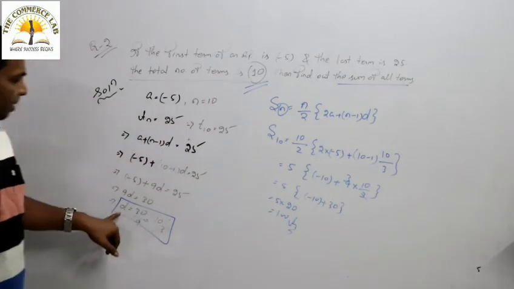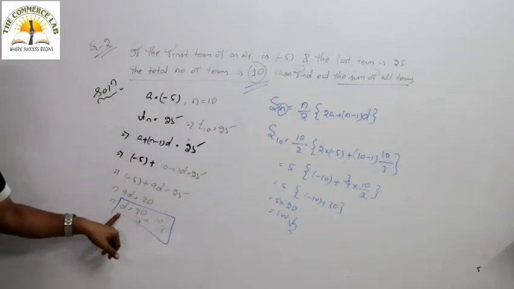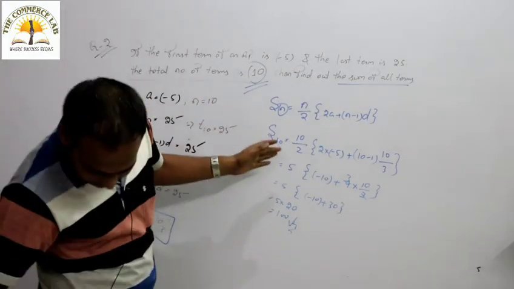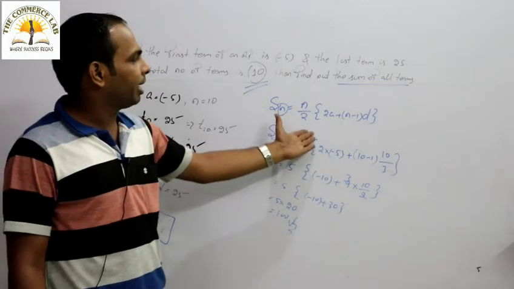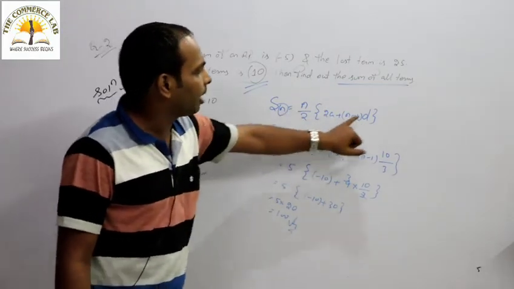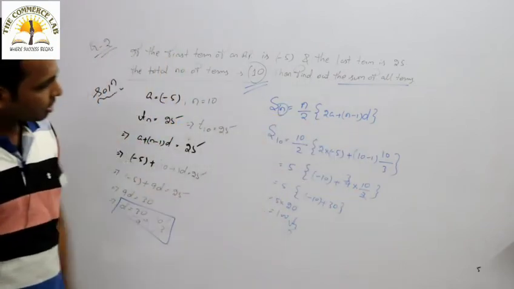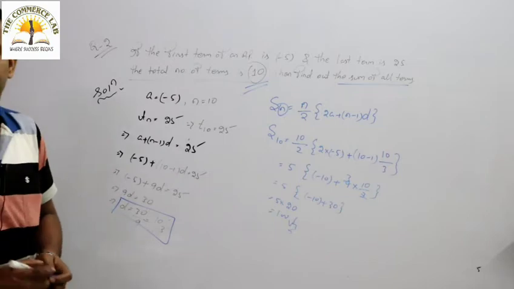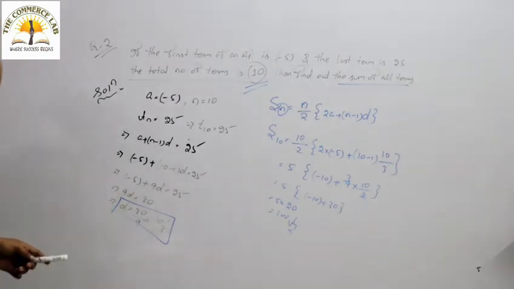By putting this, we find the value of d equal to 10 by 3. Then find the sum of all terms, that is S10. S10 equal to n by 2, 2a plus n minus 1 into d. Just put the values of n, a, d, and you will find the answer, S10 equal to 100. Okay, fine. Then come for the next one.